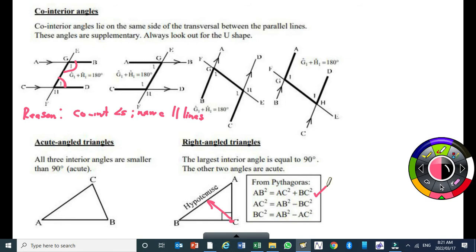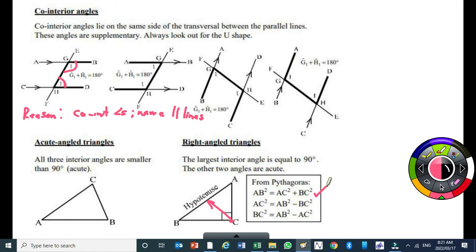Okay, according to the theorem of Pythagoras, the square of the hypotenuse is equal to the sum of the squares of the other two sides. Okay, the square of the hypotenuse, in this case AB squared, is equal to the sum of the squares of the other two sides.